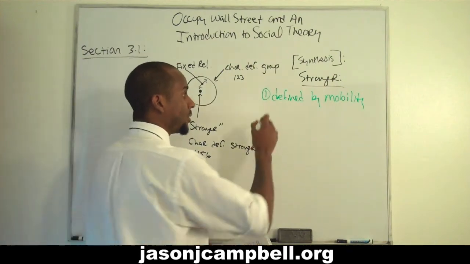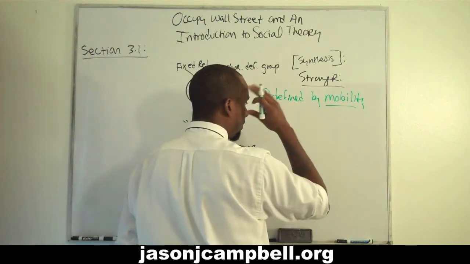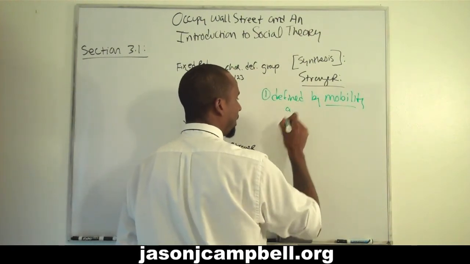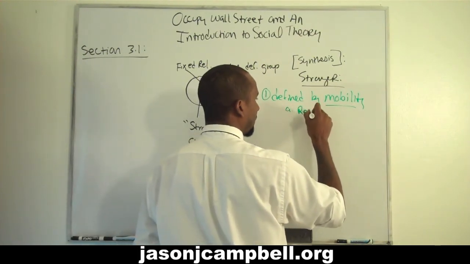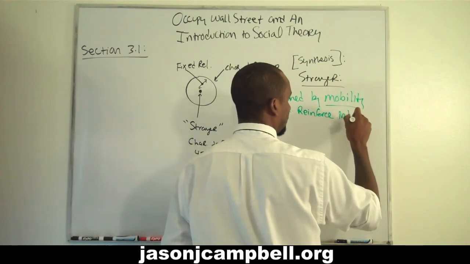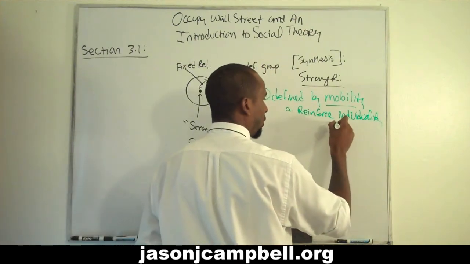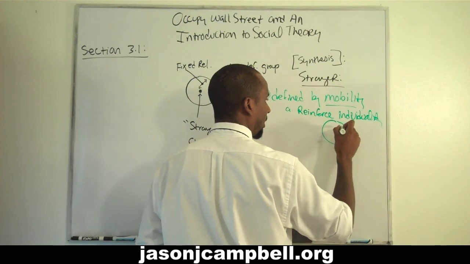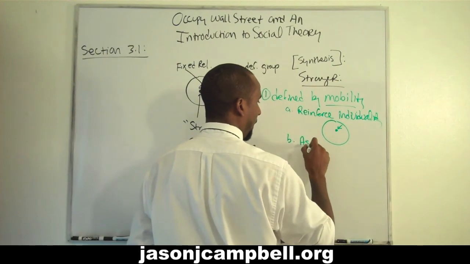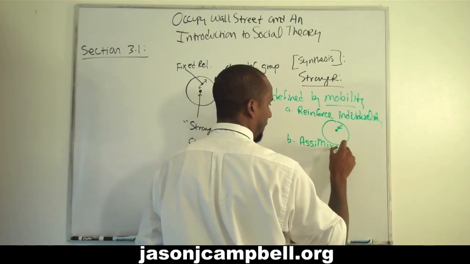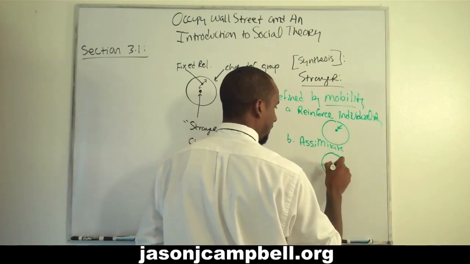So the stranger is defined by mobility. And this mobility, conceptually, and I'll get more concrete later, is defined by an attempt to reinforce individuality, which looks something like this, or B, an attempt to assimilate, which looks something like this.